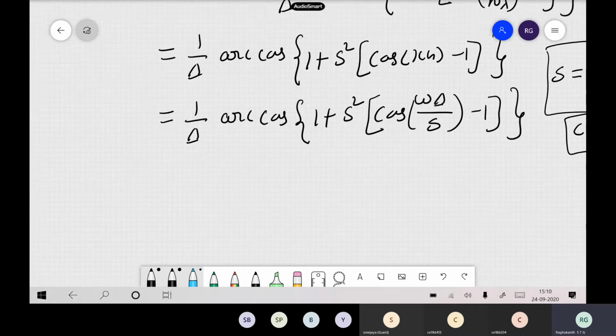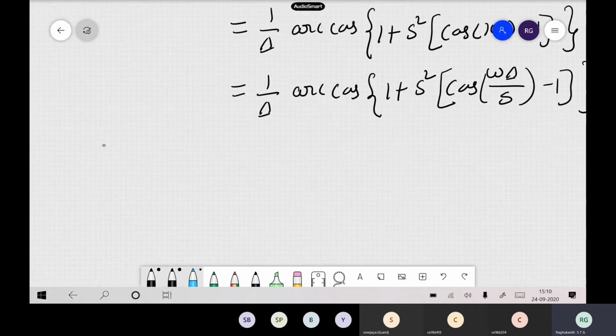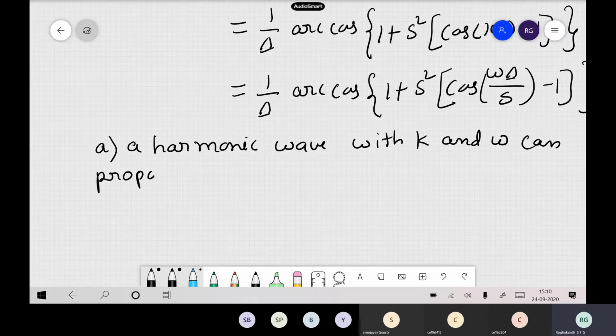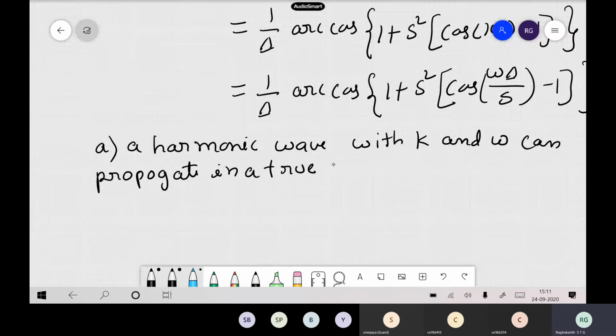So now what this expression says, the observation is, when you have a harmonic wave with k and omega, it can propagate in a true physical continuum without dispersion.